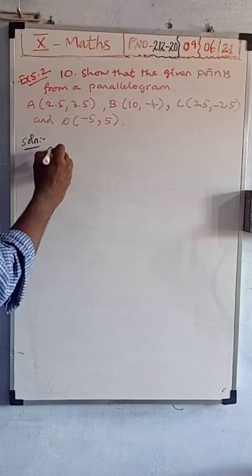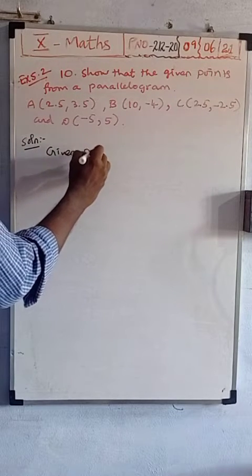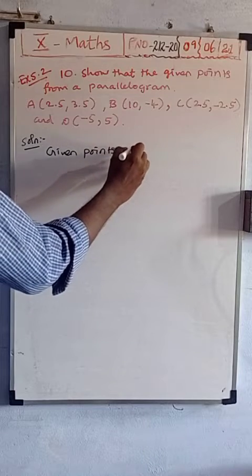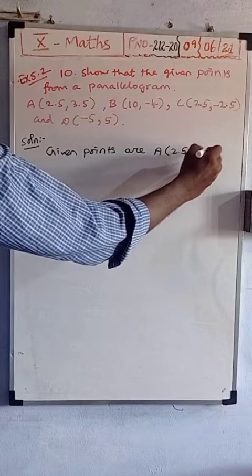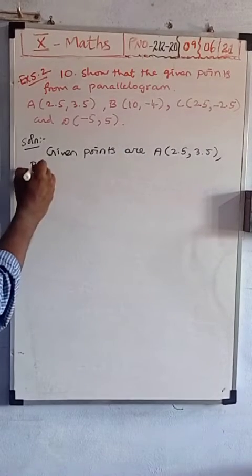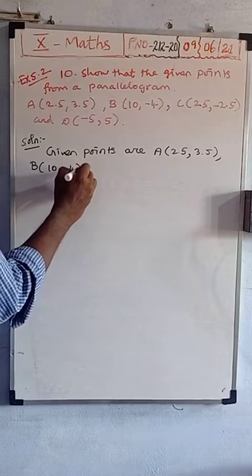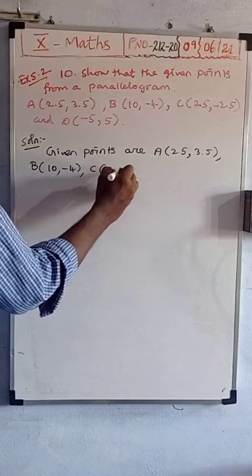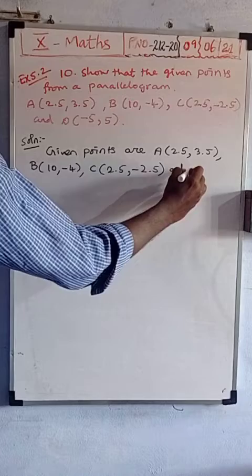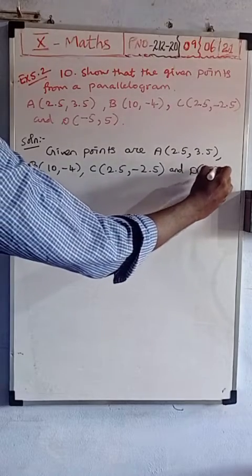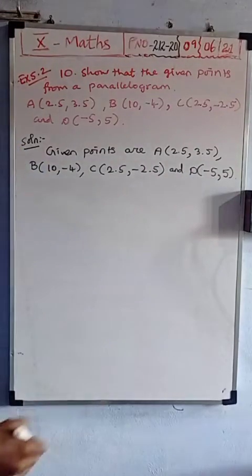First, you should write the given points. Given points are A (2.5, 3.5), B point is (10, minus 4), C point is (2.5, minus 2.5), and D point is (minus 5, 5).